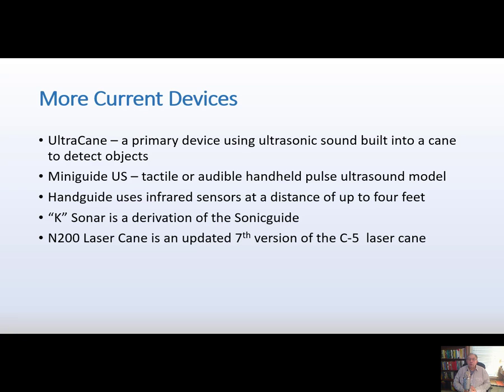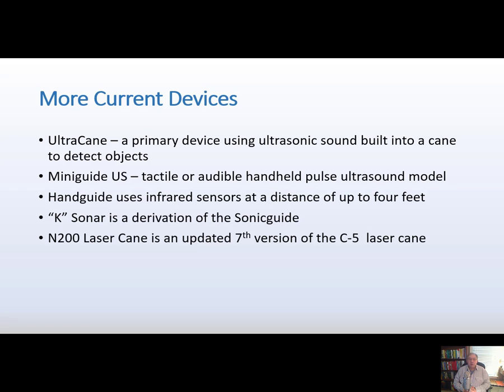It has 2 forward ranges from 6.5 feet to 13 feet. And it gives a lot of useful information. One of the problems is if you roll your wrist too much, you get information regarding what's on the side. So you really have to keep your hand in the center and your index finger up on the top.